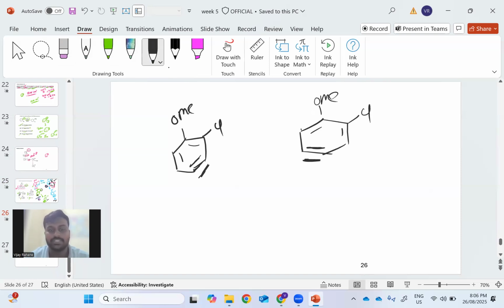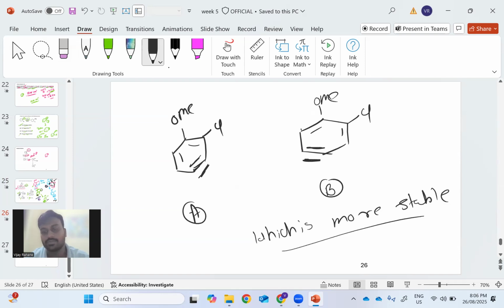So among these two, which is A and B, which is more stable? So there is the answer for your question. You understand, this is the one which is more stable, and that's why the product corresponding to this benzyne is the major product.